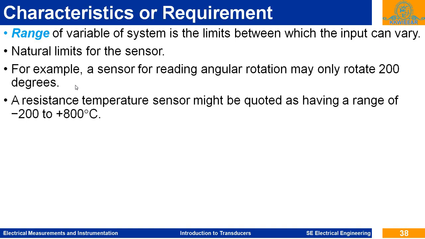Say for your robotic action or for your robotic arm, you have to measure the angular displacement of 250 degrees. So your device should have the range in such a way that it can measure the 360 degree rotation.